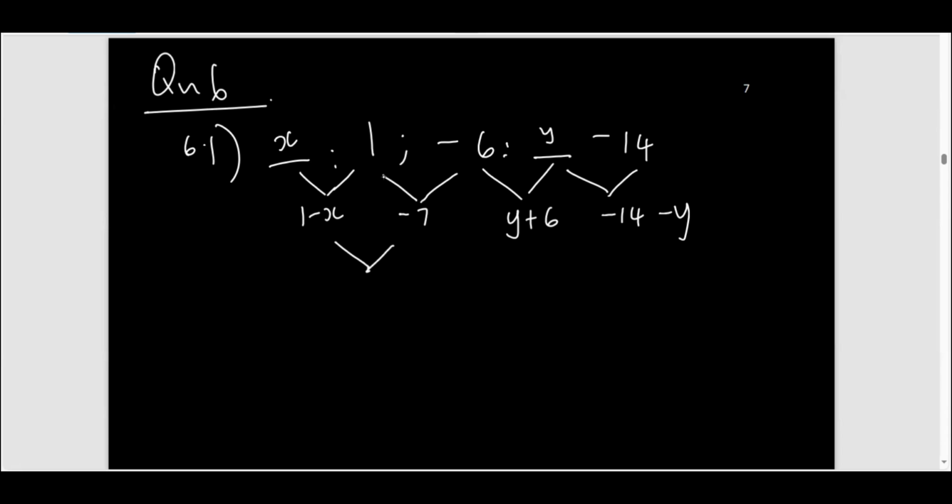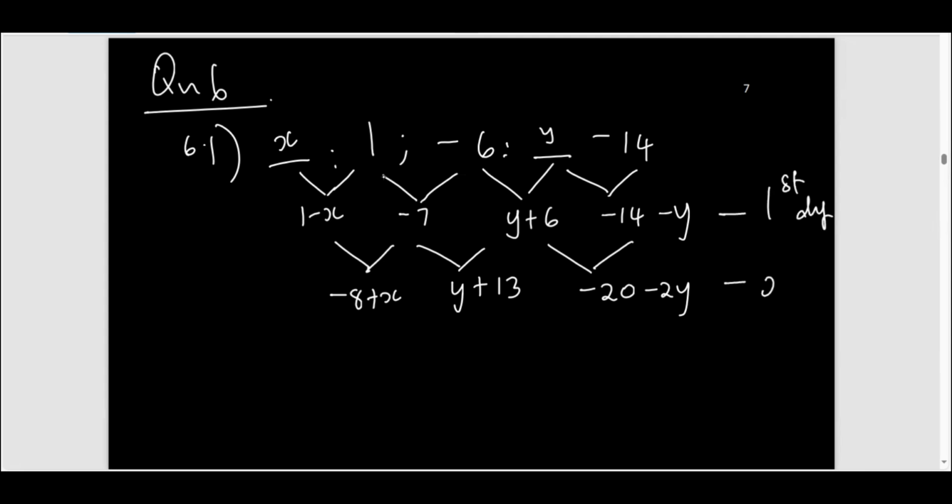We know that -7 minus this, that's going to be -7 minus 1, which is -8. Now it's going to be a plus x. And then in this case, I'll have this whole thing minus that, which is going to be y plus just a 13. And then in this case, I'll have -14 minus 6, which is going to be -20 minus 2y.